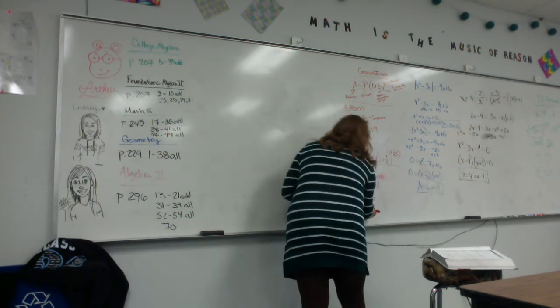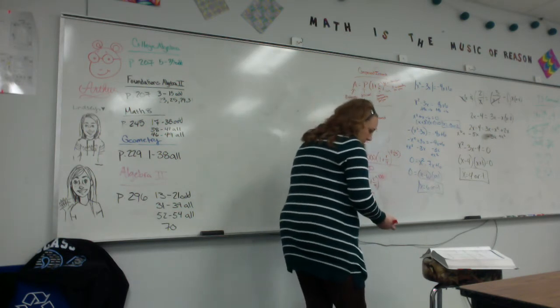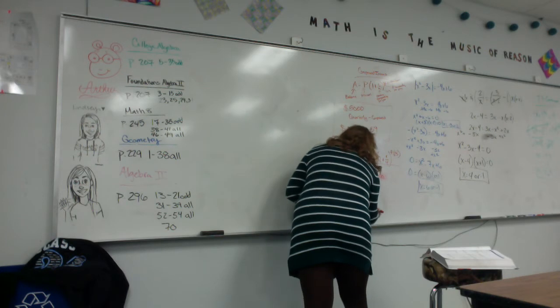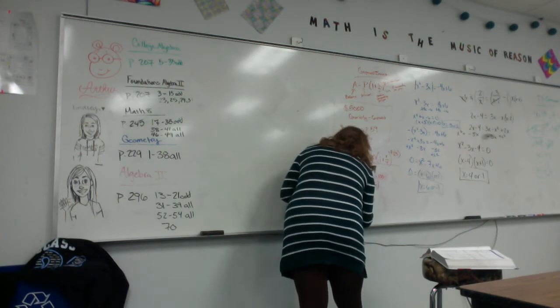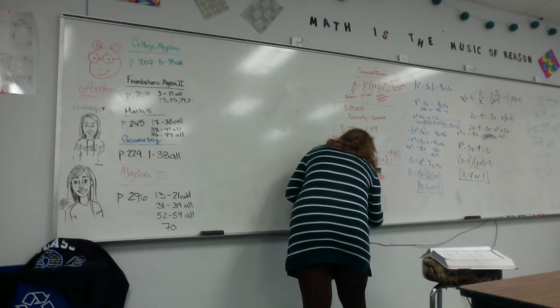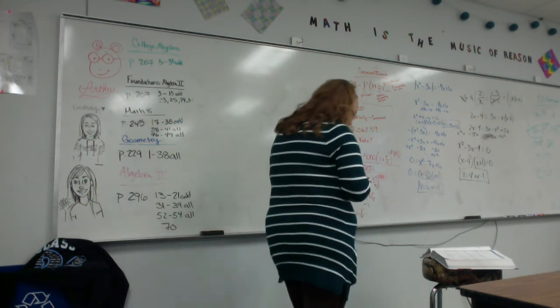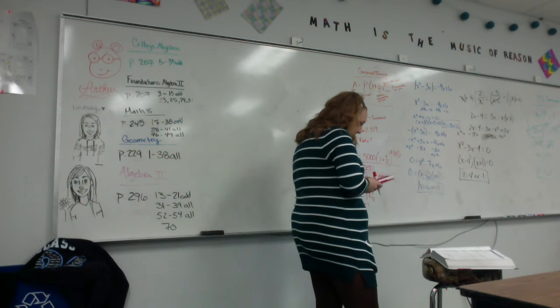So now I'm going to subtract 1 from both sides. So you would get 0.0162 equals R over 4. How do you get 4 out of there? You multiply by it.